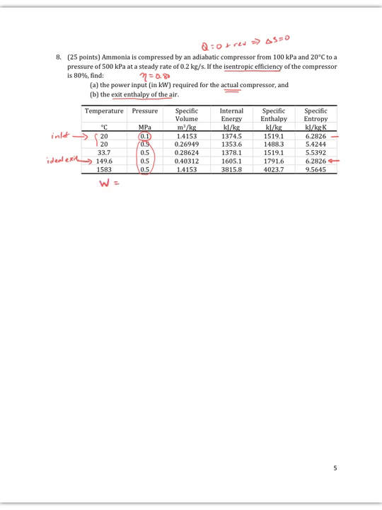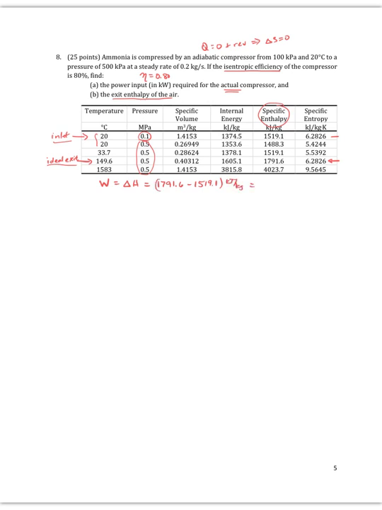All right, so if I look at the first law and I assume that Q is 0 and the kinetic and potential energy changes are minimal, then work is going to be the delta H. And so delta H, if this is my ideal exit state, this is my inlet state, H is the enthalpy, then this is 1791.6 minus 1519.1 kilojoules per kilogram.